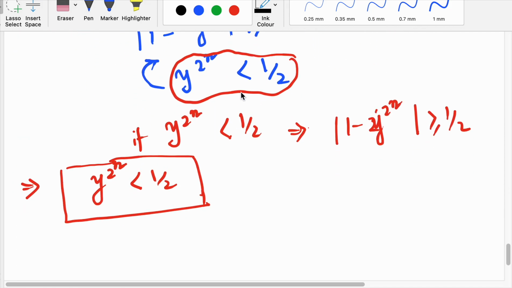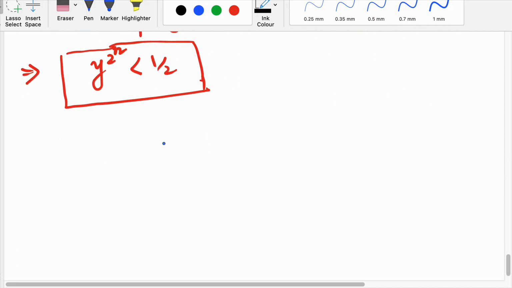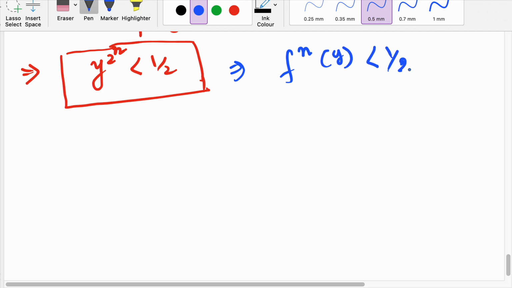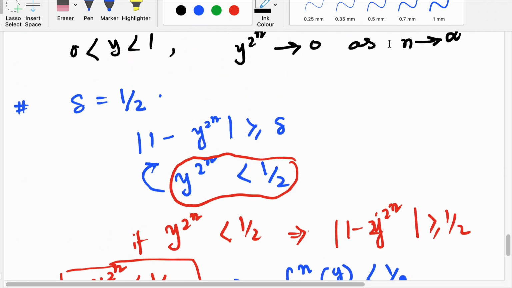So you will always find a y, and also an n for which y to the power 2 to the power n, which means f^n of y, is less than half.